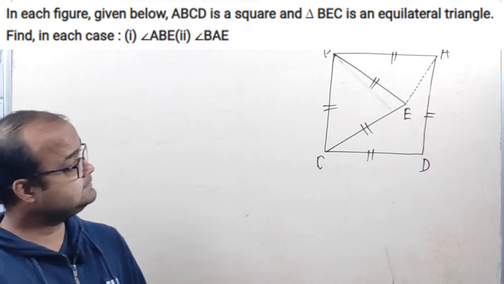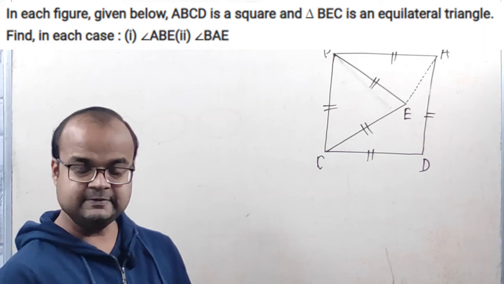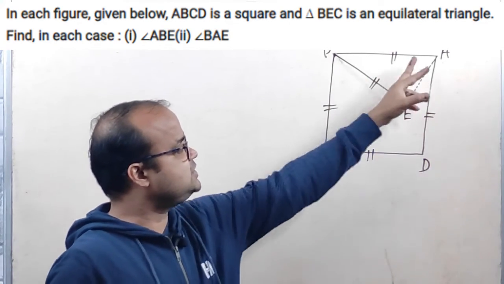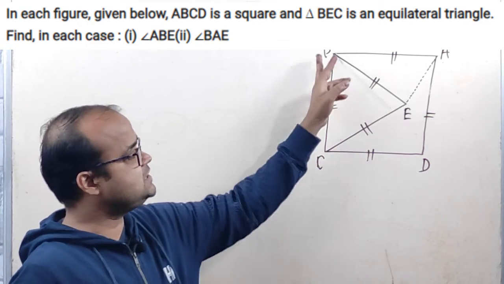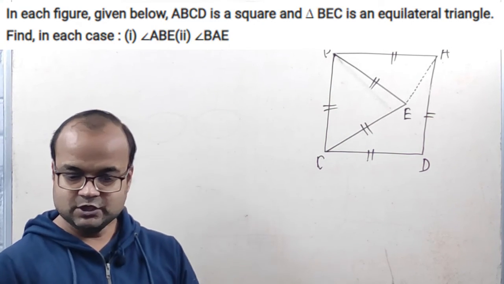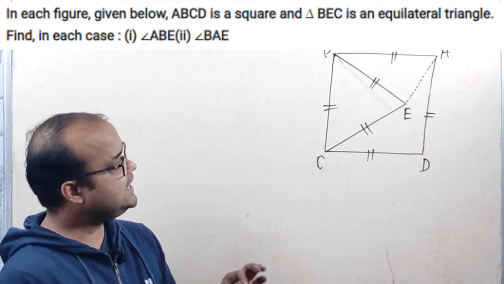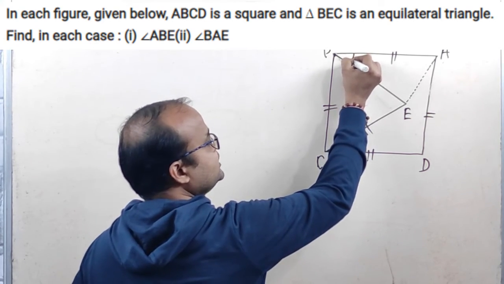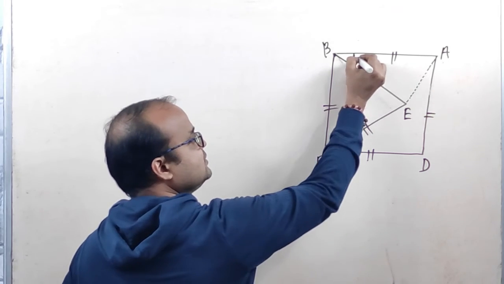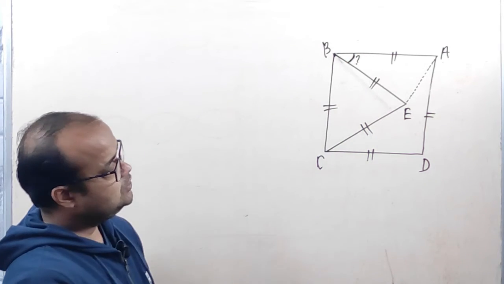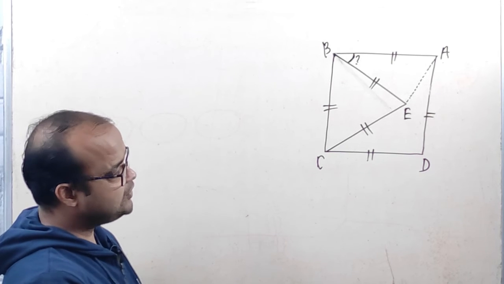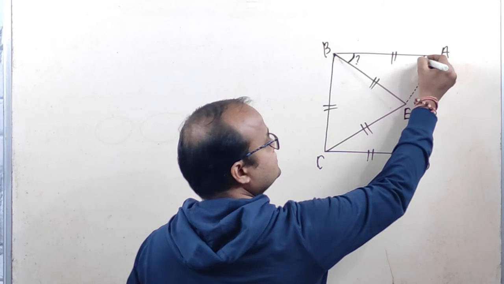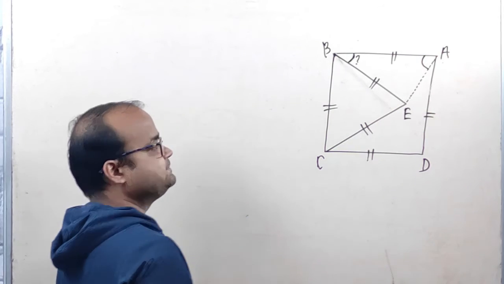Now this problem, ABCD is a square, as we discussed in the last problem. So ABCD is a square and BEC is an equilateral triangle. We need to find angle ABE, that means this angle, and also angle BAE, this angle.